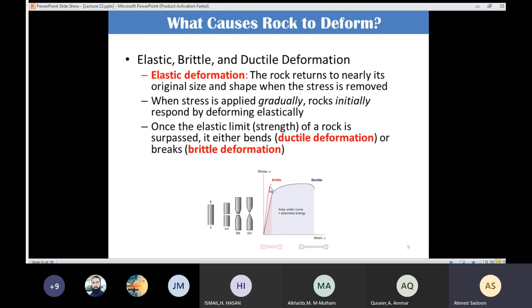Assume that point is the point of failure. For the brittle material, when it gets to its maximum capacity, we are going to have sudden failure like this one. But in case of ductile behavior, when the material reaches its maximum capacity, you are going to have large deformation compared with the stress. With a small stress, we are going to have large deformation.